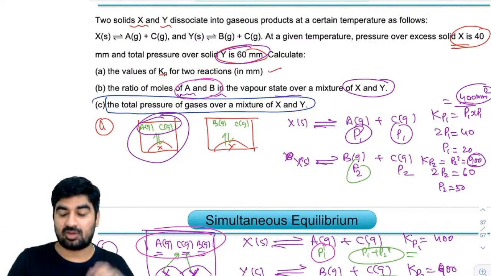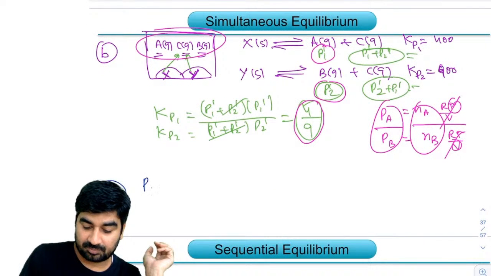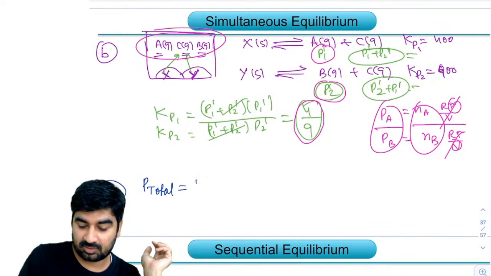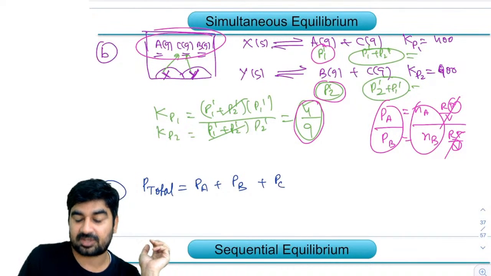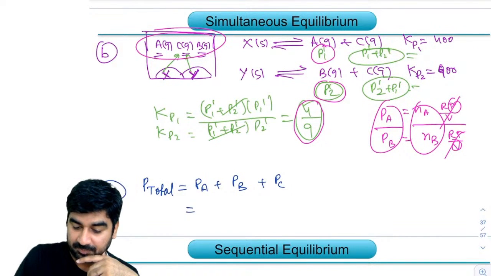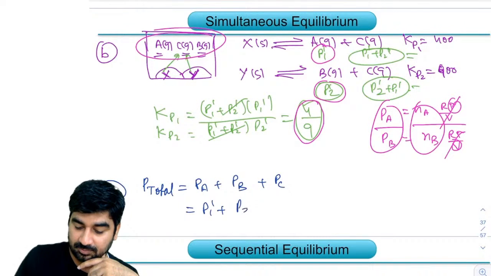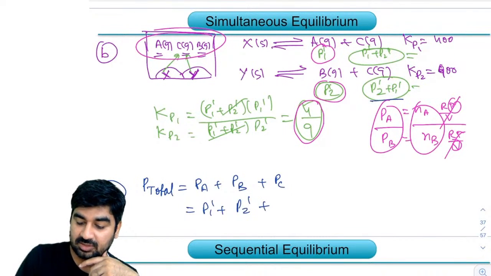Okay. So now total pressure. What will be the total pressure, guys? P total will be equal to partial pressure due to A, partial pressure due to B, and partial pressure due to C. So what is the partial pressure due to A? P1 dash. What is the partial pressure due to B? P2 dash. And what is the partial pressure due to C?